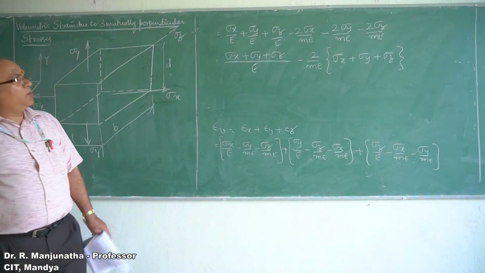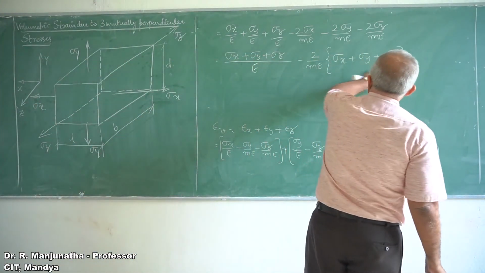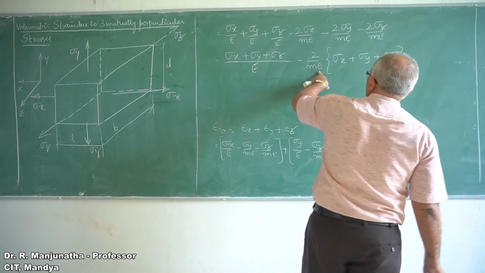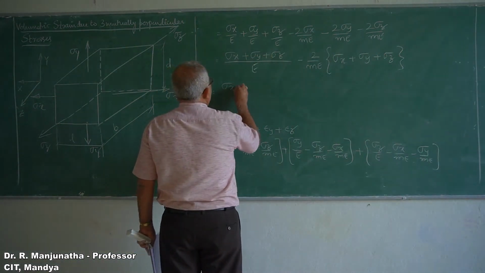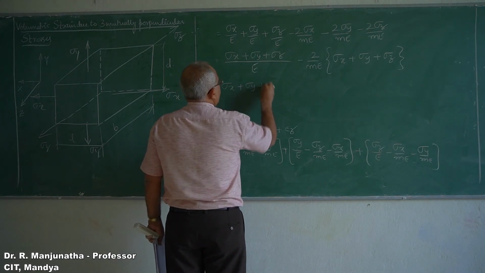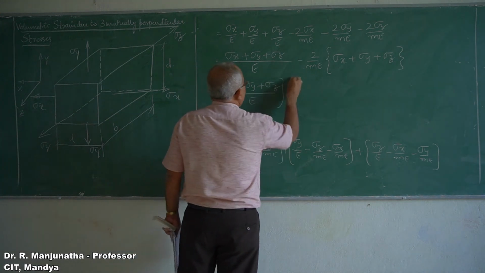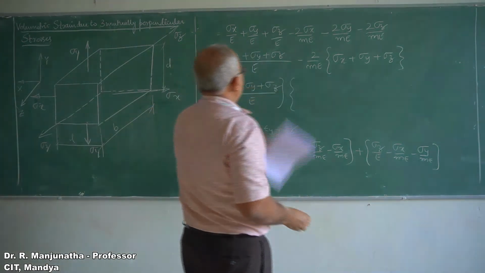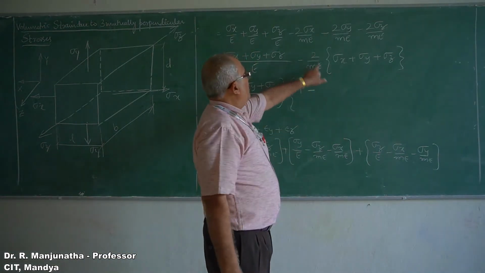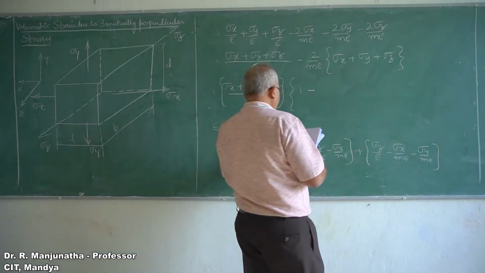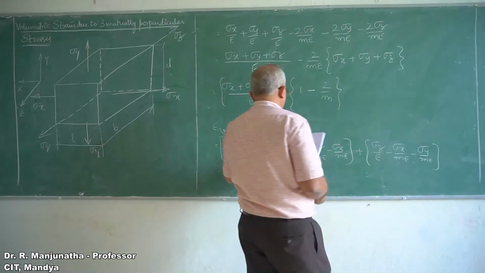Here sigma x plus sigma y plus sigma z by E is the common factor, so we can take it outside. Then in the bracket we have 1 minus 2 by m. So this will be the equation.